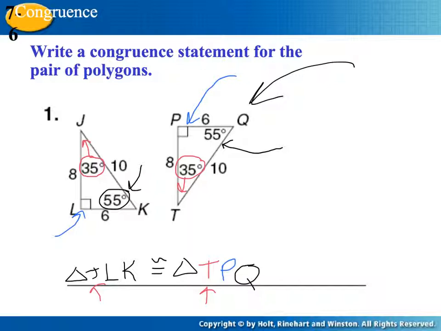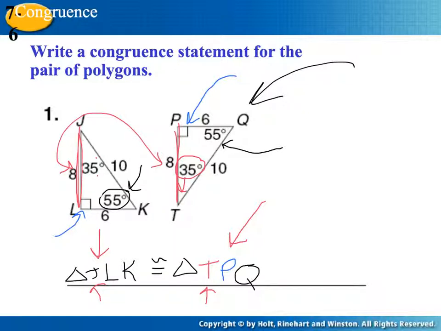Now, if I look at JL, notice how JL is 8. Those are the first two letters in my triangle JLK. On the other side, my first two letters are TP. That TP or PT should match up with JL. TP is 8. Oh my goodness, it does.